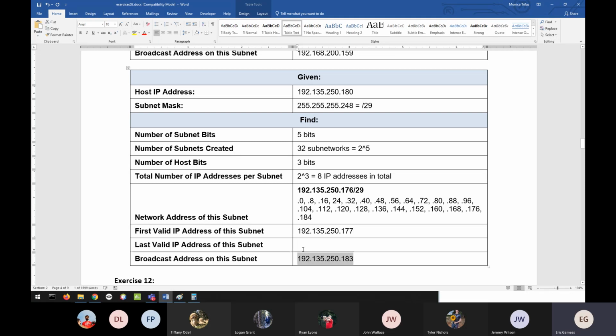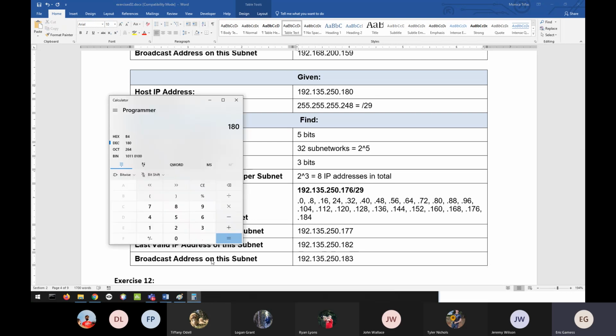One IP address before 183 will be 182. Of course, look, if you have a total of 8 IP addresses, between these two IP addresses, how many should you have? 6. You lose 2. So between 182 and 177, we need 6 IP addresses.